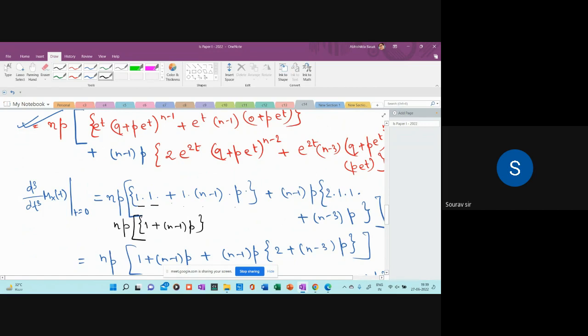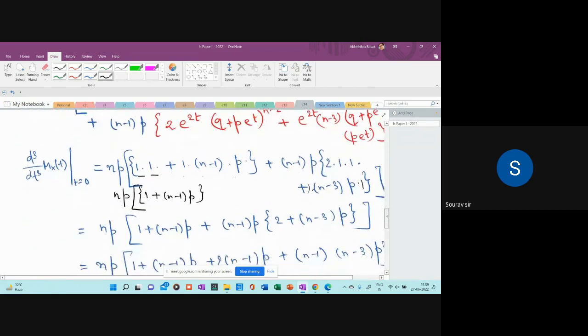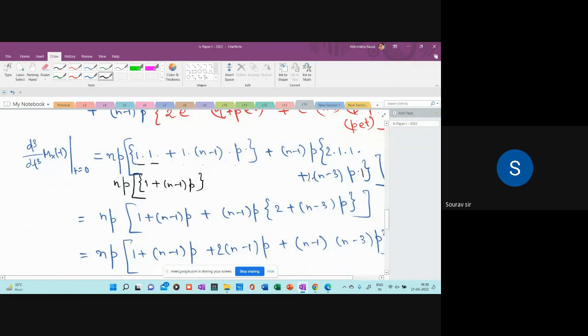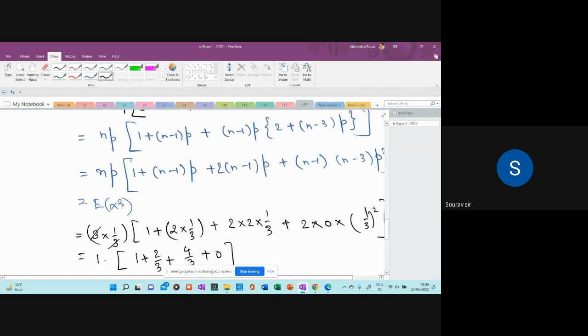So this second portion gives me n minus 1 into p, 2 into e to the power 0, which is again 1. This is going to give me 1 plus, e to the power 0 is 1, and this n minus 3 into 1, this is p into e to the power 0 into 1 basically. So that is going to give me n minus 1 into p, 2 plus p into n minus 3, and this is 1 plus n minus 1 into p.